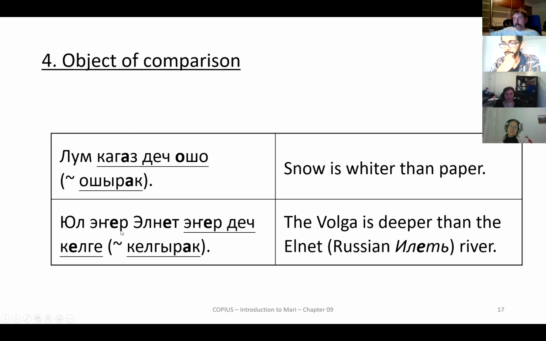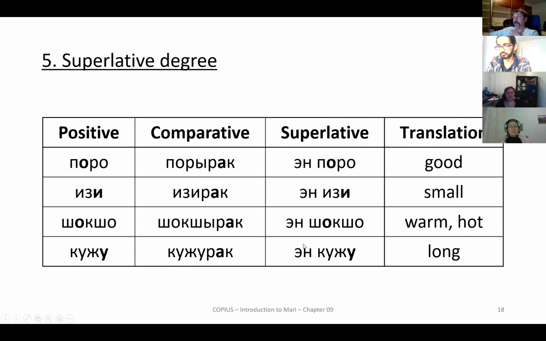Yeah, so Yul Enger, the river Volga, Elnet Enger, Dech Kelge is deeper than the Elnet or Ilet river. Okay, just remember that if you have something Dech as a comparison, you no longer need the comparative suffix. Good.